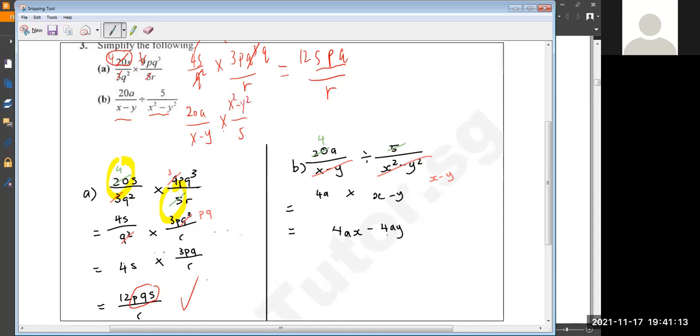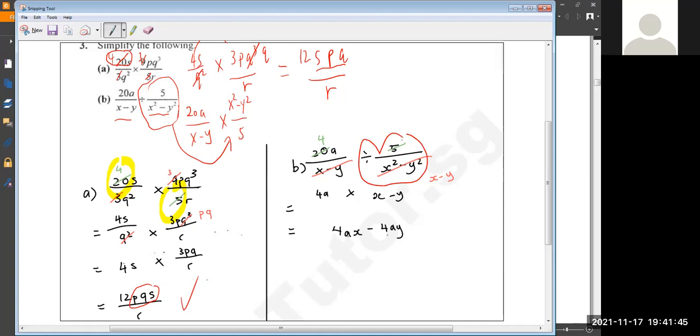Do you know that when you divide by something, it's the same as you times, but you flip the second one upside down? Do you know about this technique? Have you learned this technique? Yeah. Okay, so for this, I don't see you flip it. So if you didn't flip it, then you are wrong.